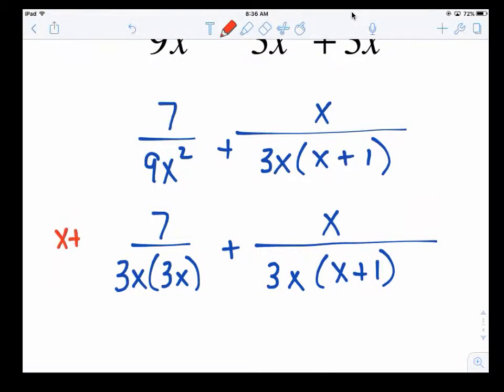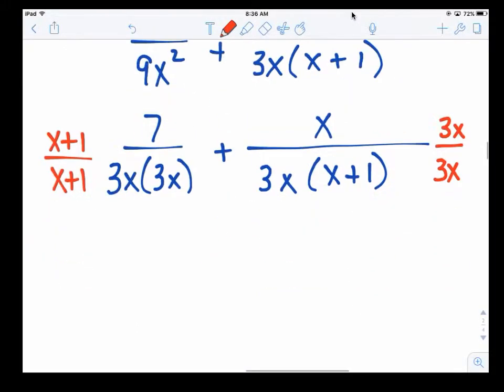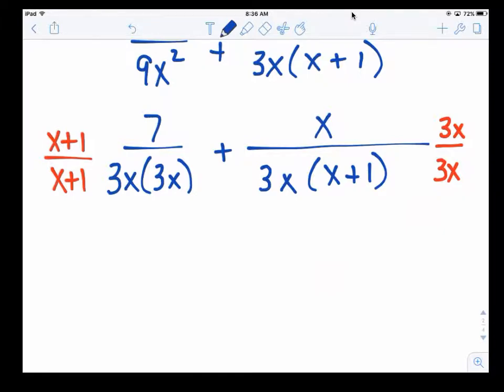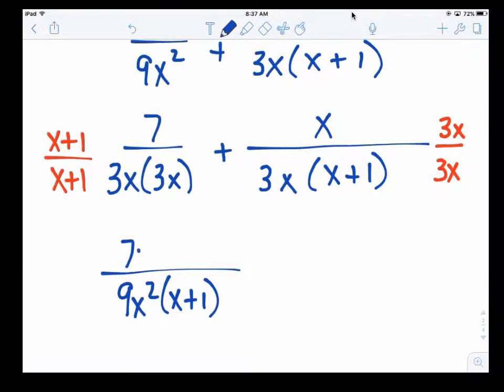So I got x plus 1 over x plus 1, and I got 3x over 3x. Okay, so what does that give me? All right, so if I multiply the 7, I get 7x plus 7, right?